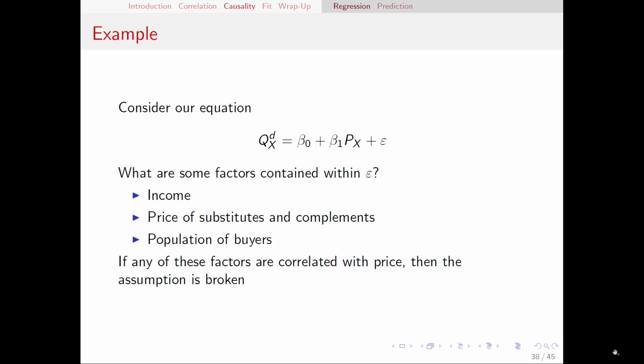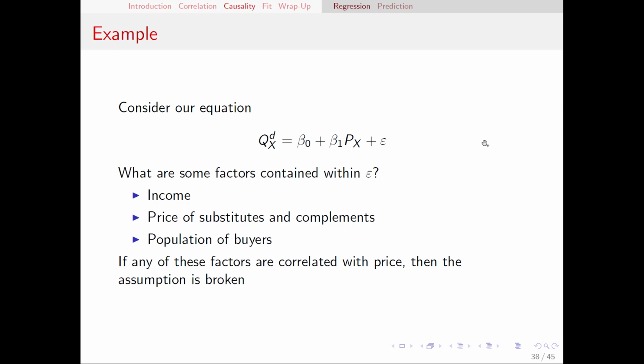What kind of things influence the demand function? We could have things like consumer income, things like the price of substitutes and complements, the population of the buyers, all kinds of things. The fact that we have some factors that are unobserved inside the epsilon by itself is not the problem. The problem is going to arise if any of these things are correlated with price, the variable that's actually in our regression.